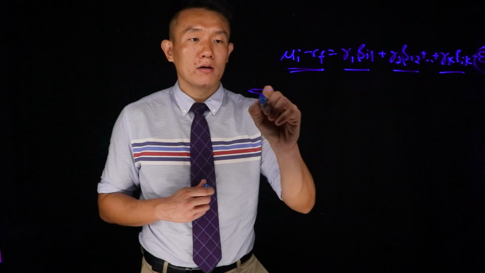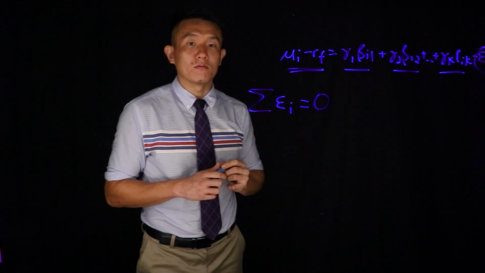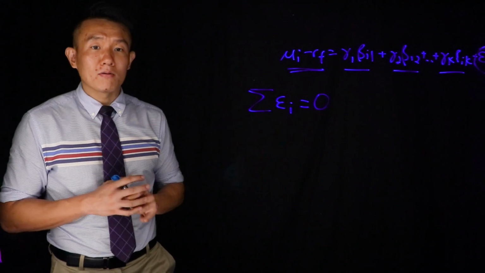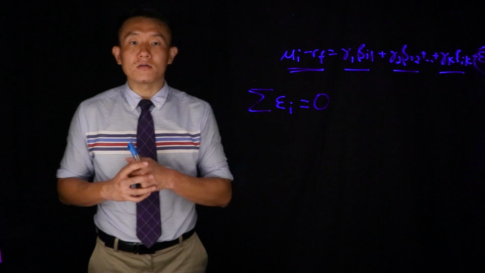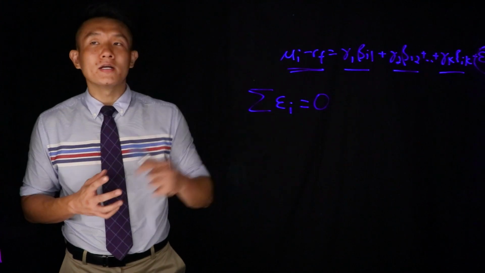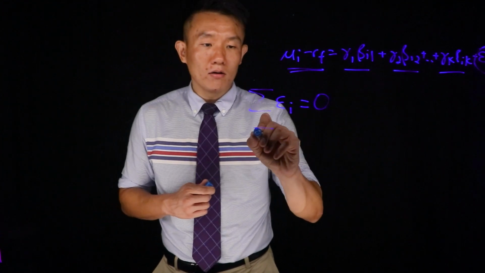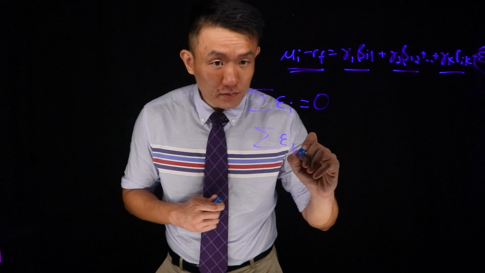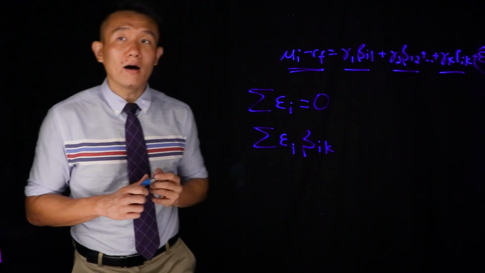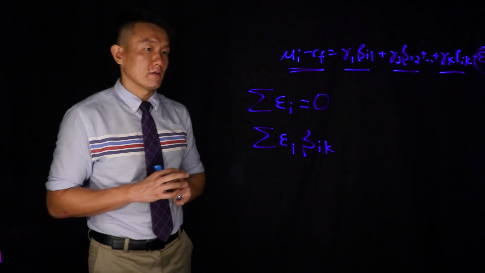Now we know that one of the conditions for the regression is that all the errors sum to 0. The fact that all the errors sum to 0, remember the errors are our portfolio weights here, means that we have no initial investment required. And all of the error terms are going to be orthogonal to each of the betas, because the betas are the regressors in this regression.